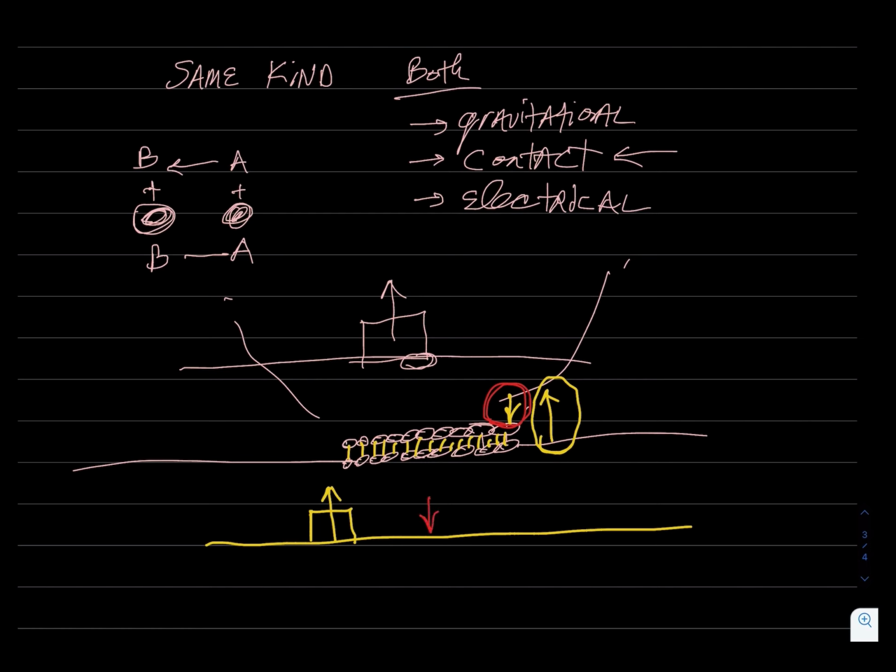Now, the table and the Earth don't move very much because the Earth is heavier than the block, and the Earth doesn't move very much when the block pushes on it. But it does move. And that's the Newton's third law pair, the two contact forces. We only use this force, the table pushing up on the block, to balance our forces and know if the block is going to accelerate.